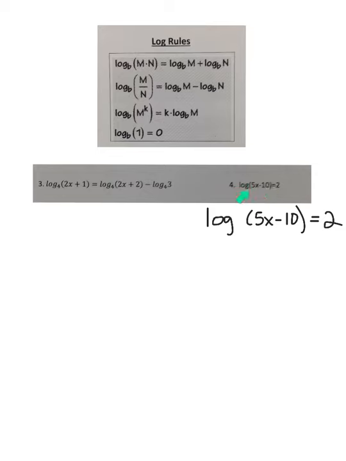But notice we don't have a base here. So if there's no base, you know how if you wrote x, we really know that that's 1x, but we don't always write the 1. If there is no base, like there isn't a subscript here, then we always assume that that subscript is a 10.